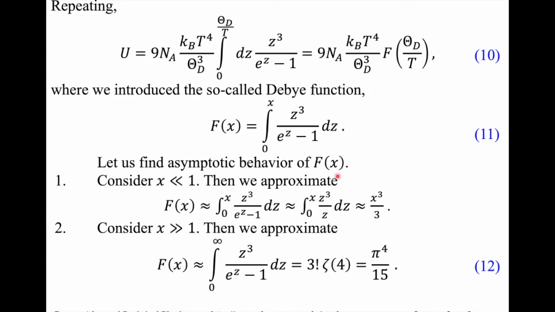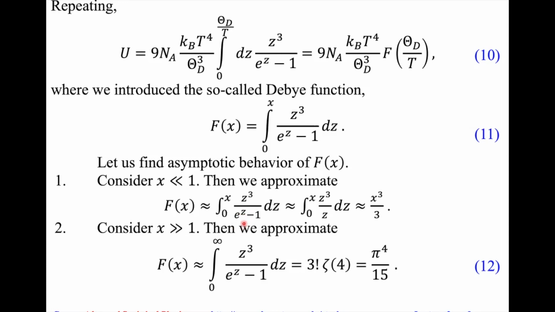We'll find asymptotic behavior. So we first consider x much less than 1. X much less than 1 in real life would be high temperature. So that would be the classical case. If x is much smaller than 1, then z is also much smaller than 1. So expand this exponential.